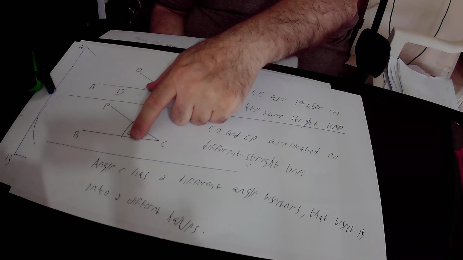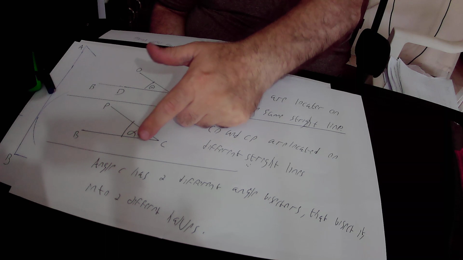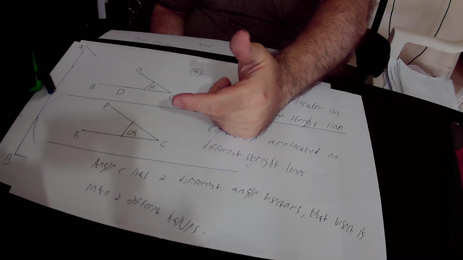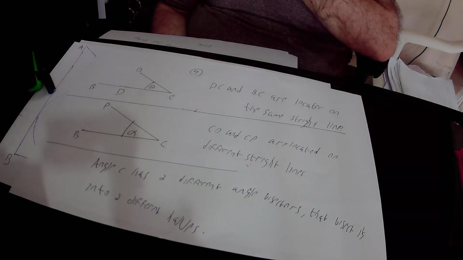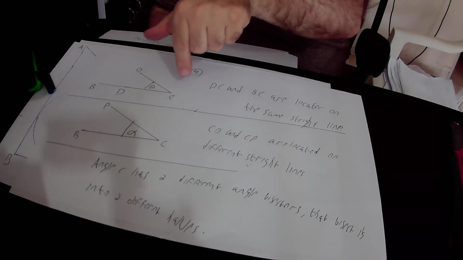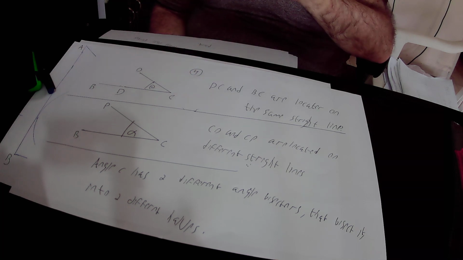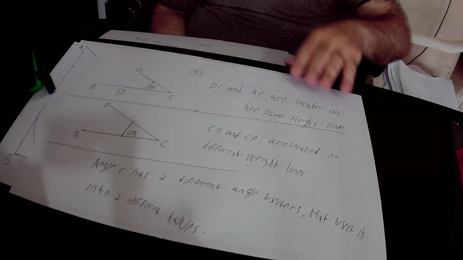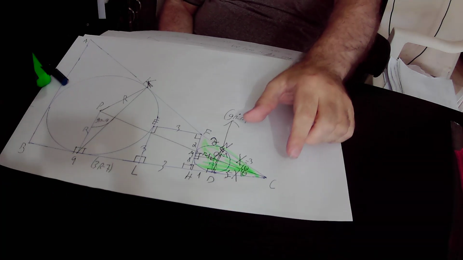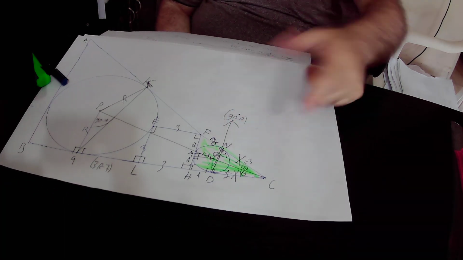Why? Because those two legs are located on the same straight line, so you can see it as a common leg. Okay, what about the second leg? The second leg is PC in this angle, and OC in this angle. Leg OC and leg PC.